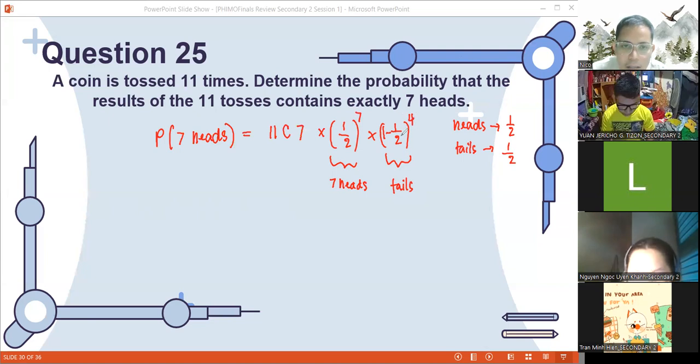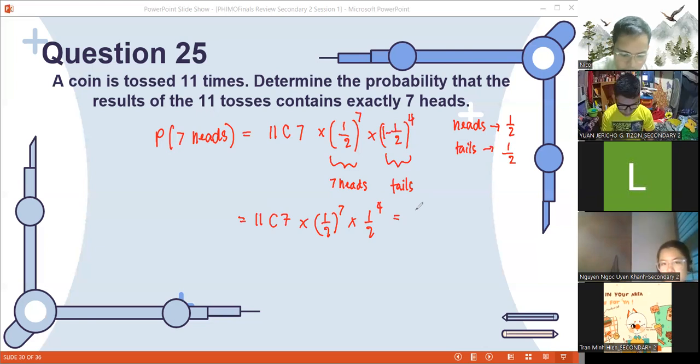Okay, 4 tails. So rewriting, this is just 11 C 7, 1/2 raised to 7, and then still 1/2 raised to 4. So the answer here is 11 C 7, that is 330, times 1 over 2 raised to 7 times 1 over 2 raised to 4.